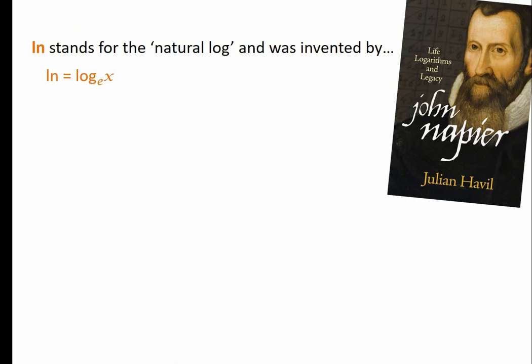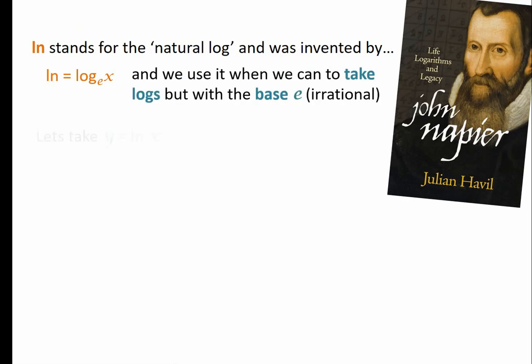So we can use normal logs when we've got a rational base value, but as soon as we use a base value of e, we have to use natural logs. Your calculator, I don't think, will work if you try to use the normal log button with e, so that's why we have another button. Okay, so we only use the natural log button when the base value is e.